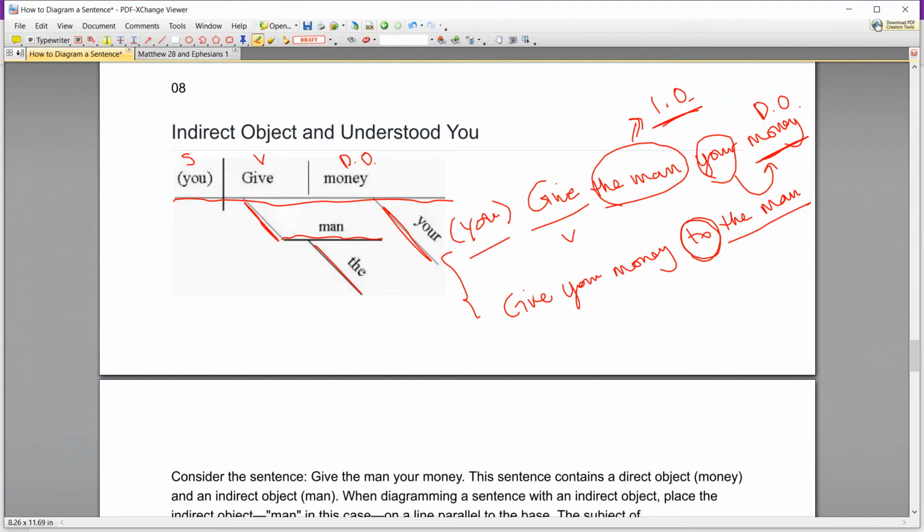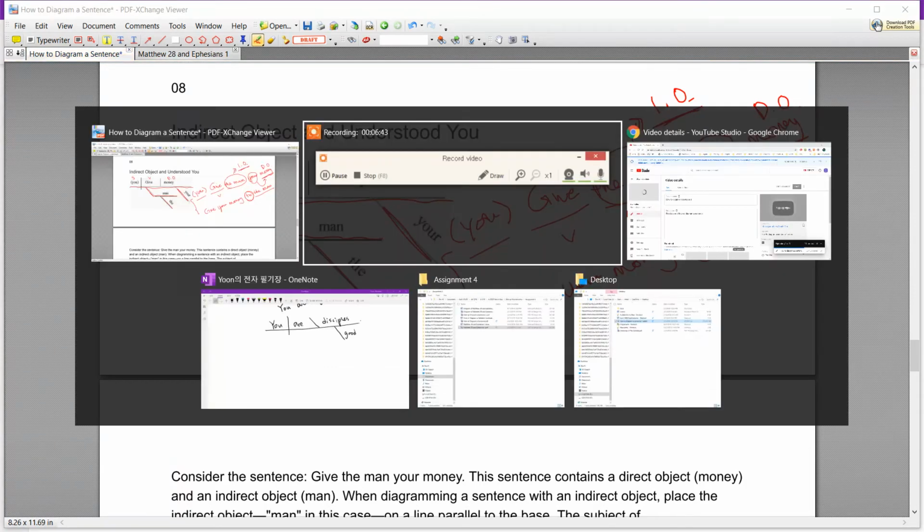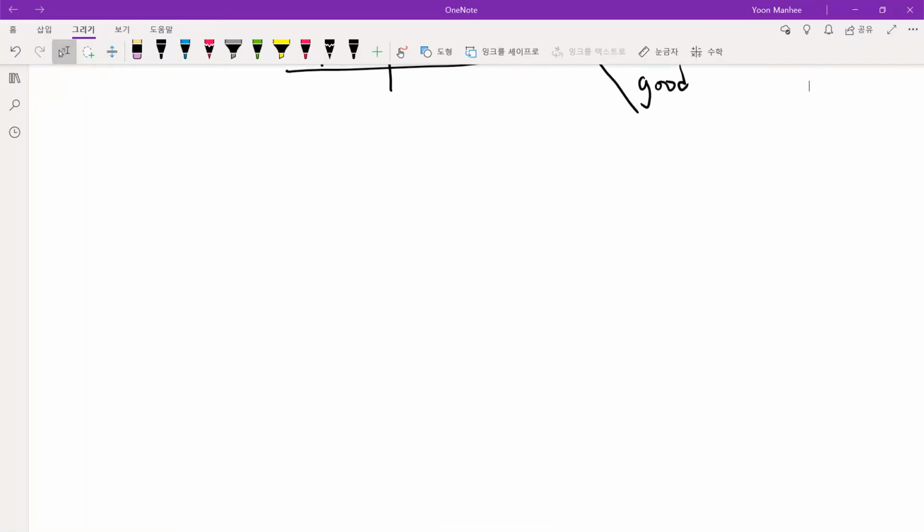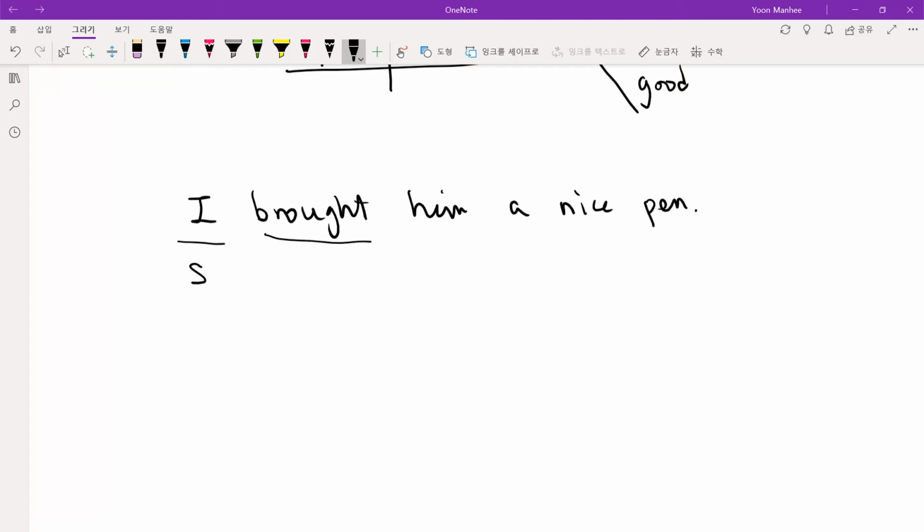Let me think about an example. Okay, let's try this way. Let's say I brought him a nice pen. So I is the subject, brought is the verb, and brought what? A nice pen. This is the direct object, and him is the indirect object.